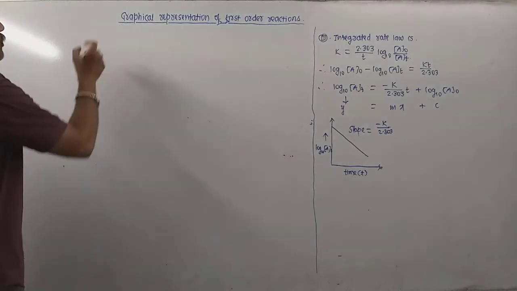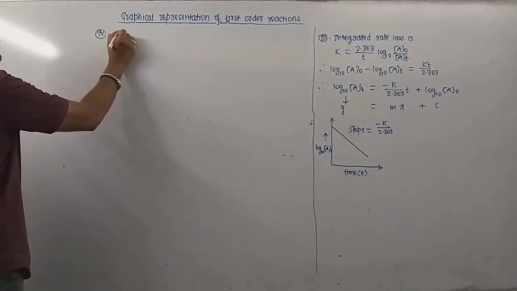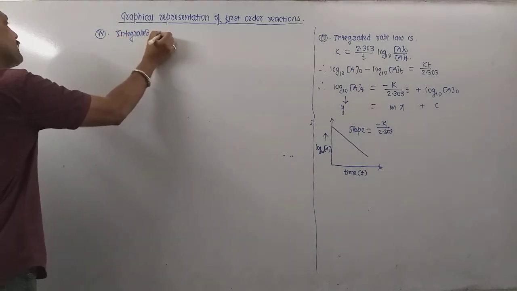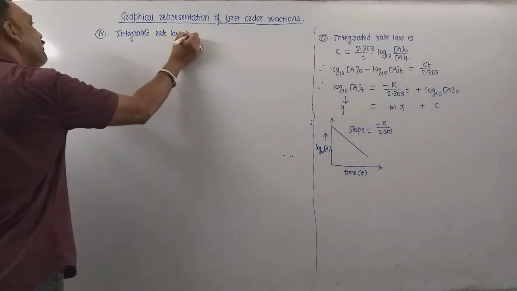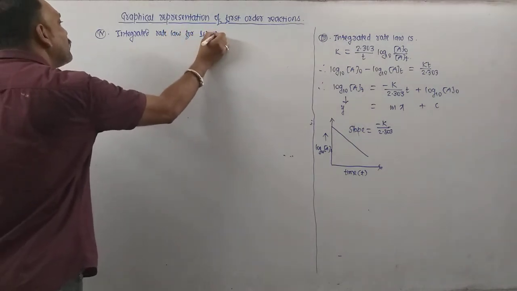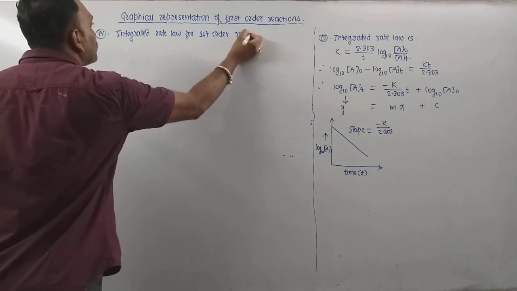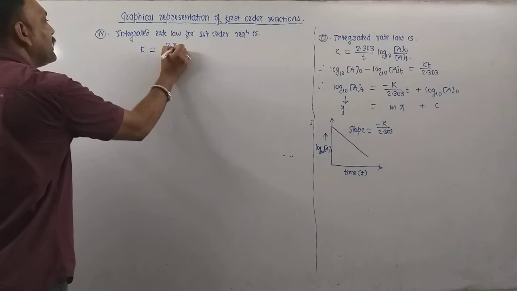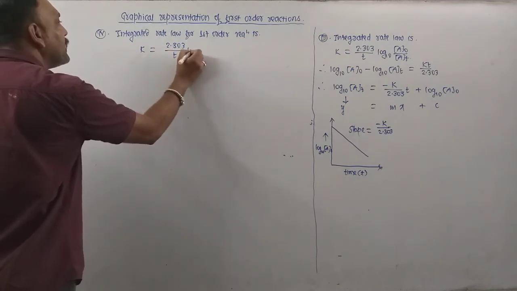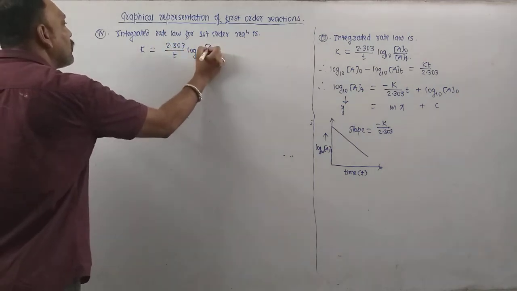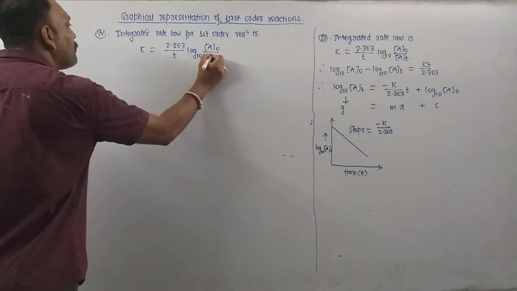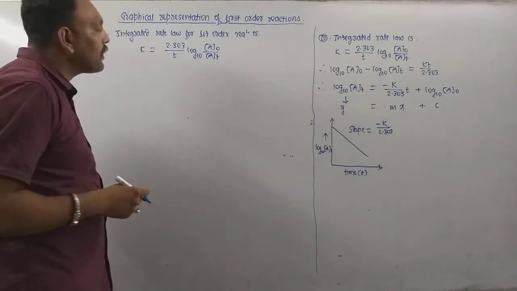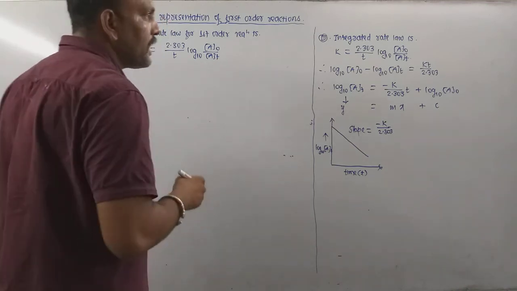We know very well that the integrated rate law for first order reaction is k is equal to 2.303 by t log base 10 concentration of A naught upon concentration of A at t.